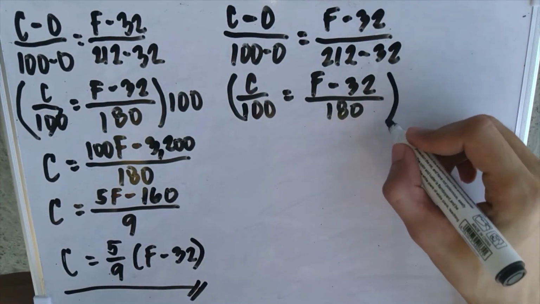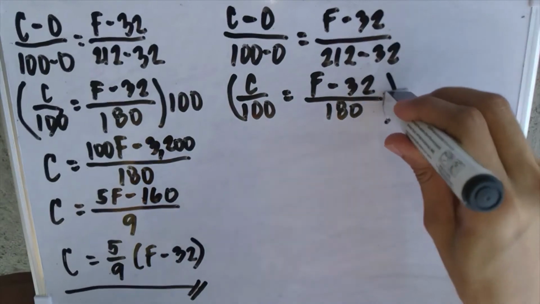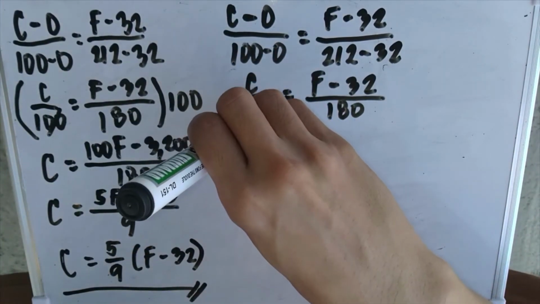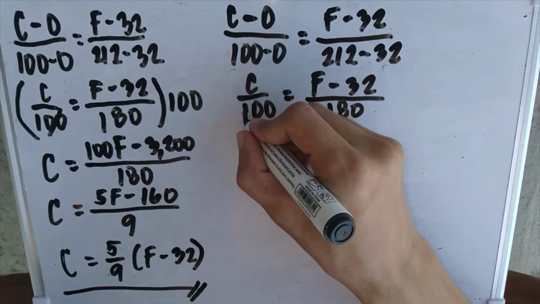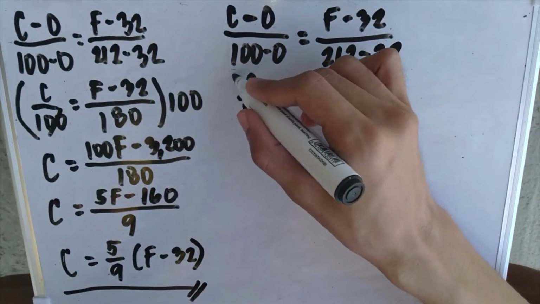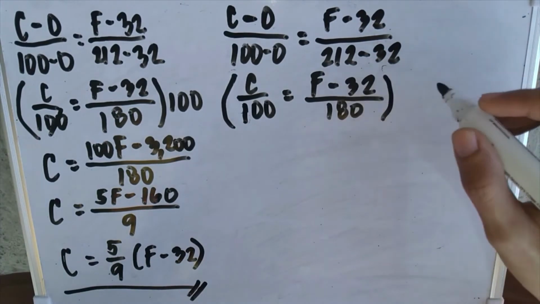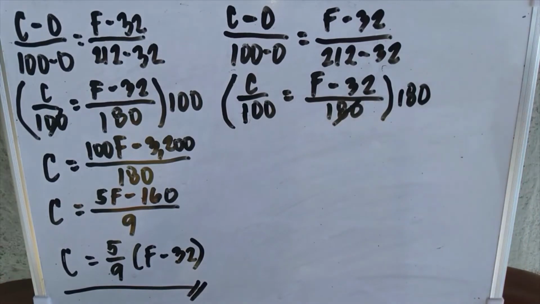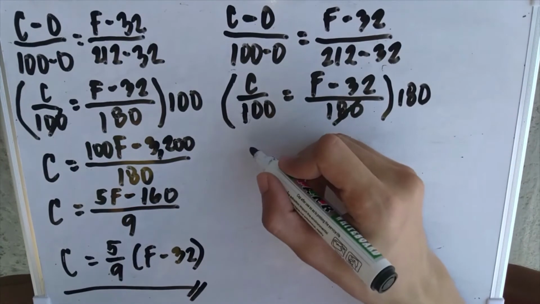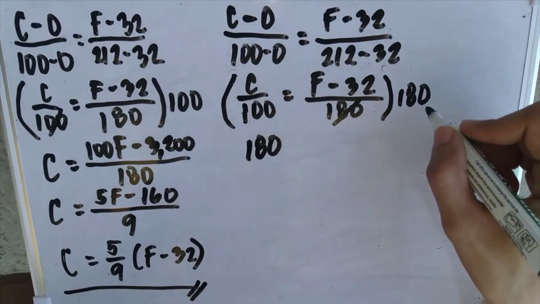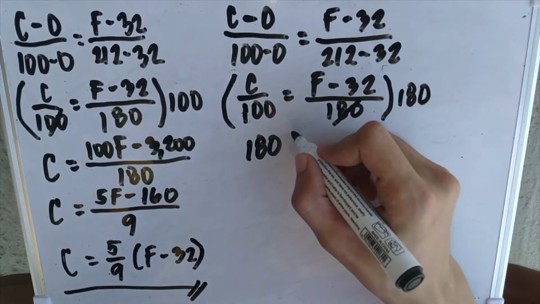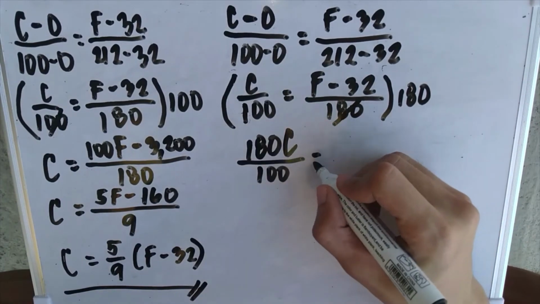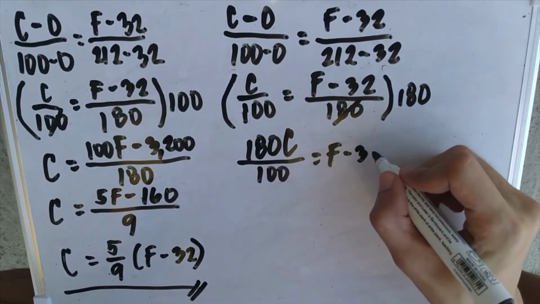And multiplying both sides of the equation by 180 so that we can get rid of 180 at the right side of our equation, we can get 180C, substituting 180 to the left side, 180C over 100 equals F minus 32.